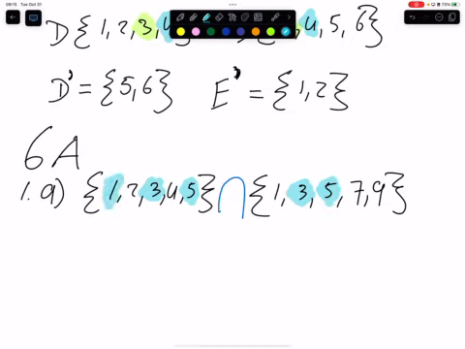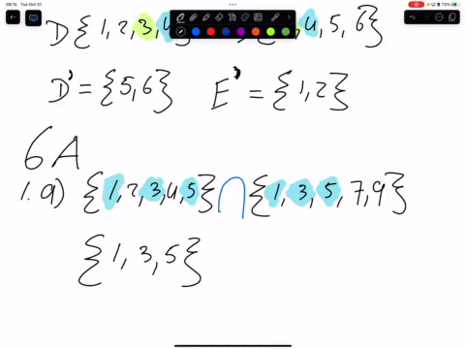We look at 1 as well. 1 is present in the left set, and 1 is present in the right set. So the answer to the question is 1, 3, and 5. Wow. I think we can add chapter 7 as well when we're done with chapter 6. I'm 100% sure. Looking at the speed, we can do it.